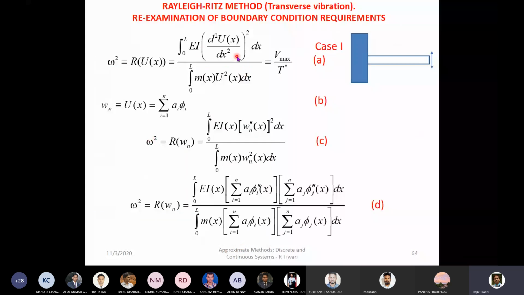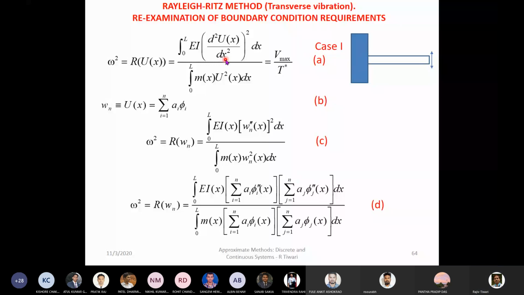Now if you see here, earlier the order of differentiation of u(x) was 4, now it is 2. So when we choose u(x), we can choose an admissible function which requires only 2 times differentiation for the beam case.